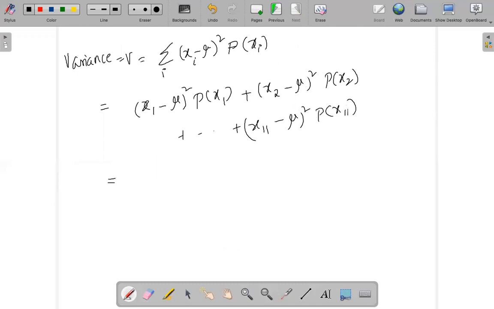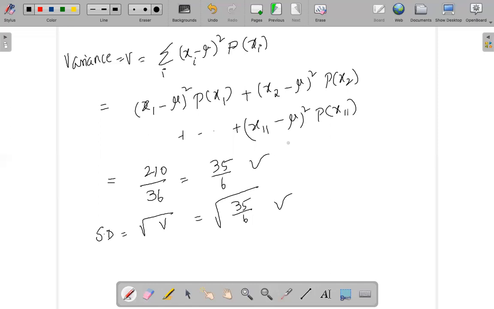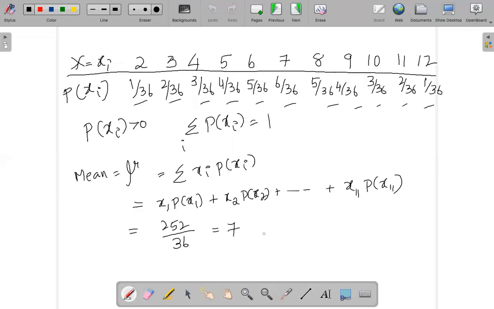When you add all these results, you get 210 by 36, which is equal to 35 by 6. And also the standard deviation is square root of V. We have to find that. That is square root of 35 by 6. So we got standard deviation, we got variance, and then we got mean.